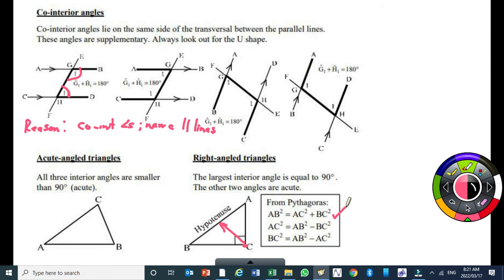So you have to square AC, square BC, then you add that sum. So when you say be very careful, because from my experience, for some of you, the way you say it is more like you are adding AC plus BC, then you square that. No, you are adding the squares of the other two sides. Then you should get the square of the hypotenuse. Okay? Don't worry, we'll come back to the theorem of Pythagoras later on.